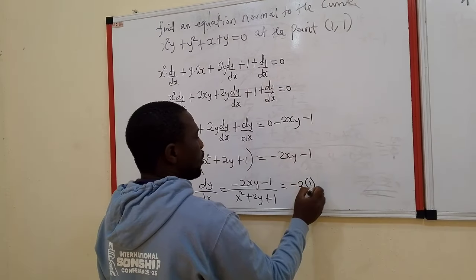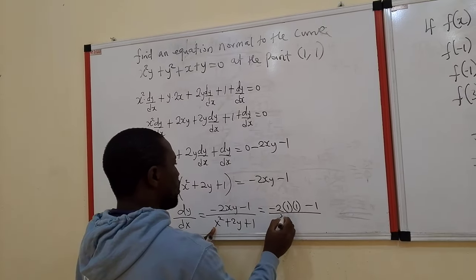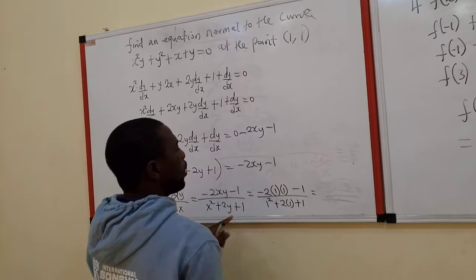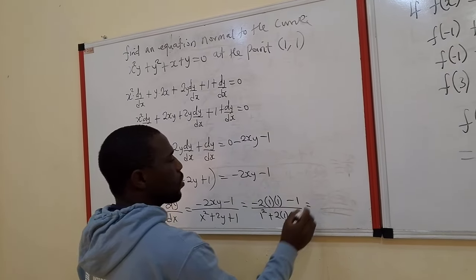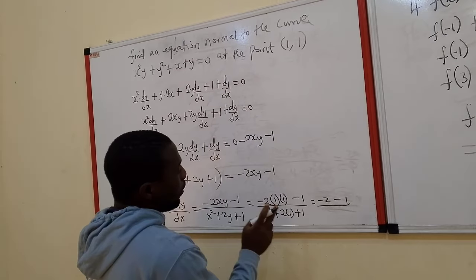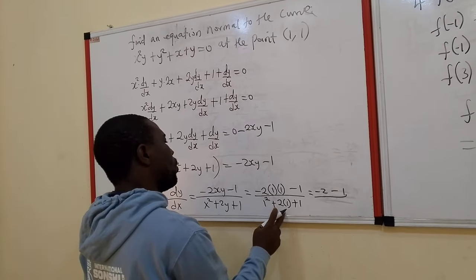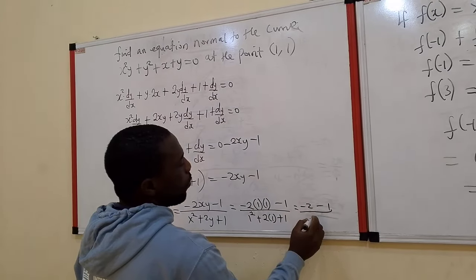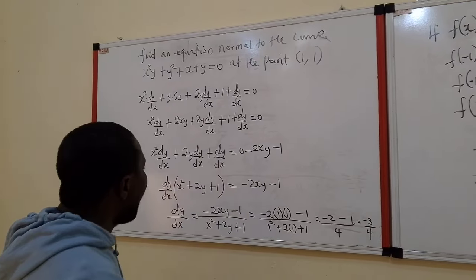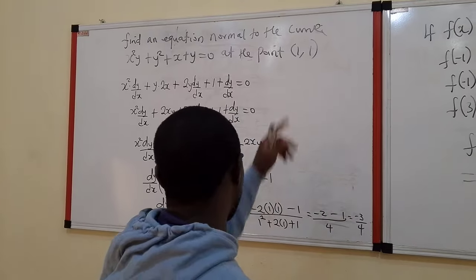That gives minus 2 times 1 times 1 minus 1, over 1 squared plus 2 times 1 plus 1. Minus 2 times 1 is minus 2, so I have minus 2 minus 1. 1 squared is 1, plus 2 times 1 is 2, so 2 plus 1 is 3, plus 1 is 4. I have minus 3 over 4. So the result for dy over dx is minus 3 over 4 at that point.